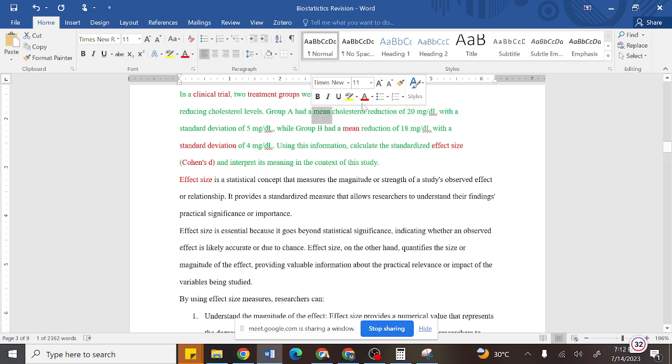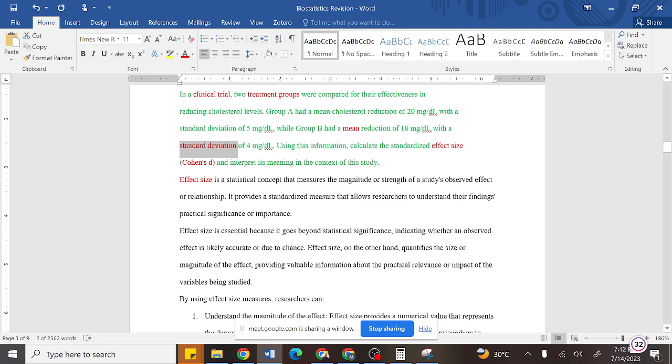The word mean has been used several times. Okay, so those are the key concepts. We have already explained the mean in our first question, and we have also explained standard deviation in the first question.